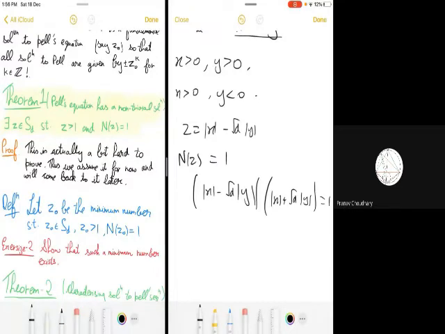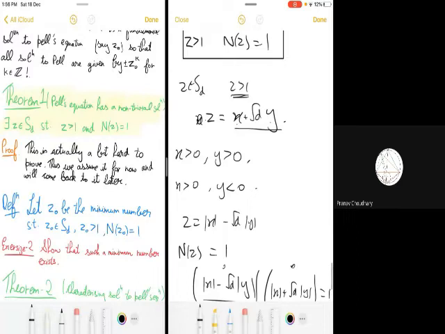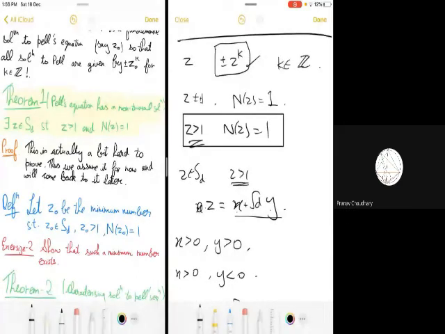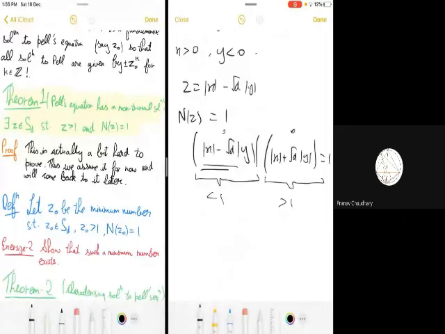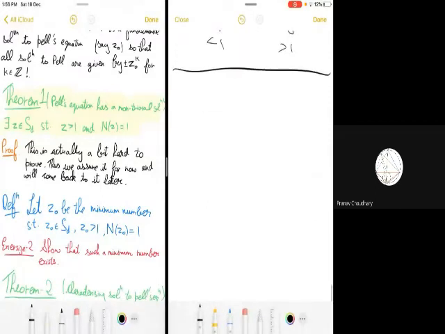But that means one of these must be less than 1 and one must be greater than 1. Clearly this is greater than this, so this must be less than 1 and this must be greater than 1, which is a contradiction because we assumed that this was greater than 1. So z greater than 1 corresponds uniquely to an ordered pair x plus root d y, where x is greater than 0 and y is greater than 0.